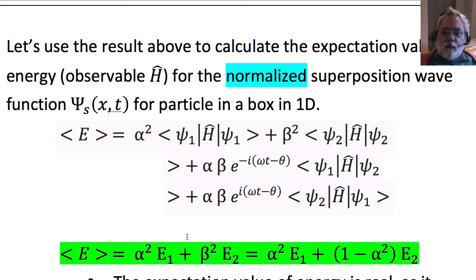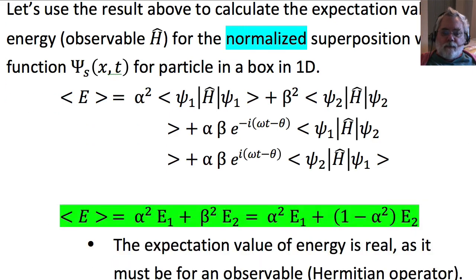So we get alpha squared times E sub 1, beta squared E sub 2. But when the index on the left and the right are different eigenfunctions, the matrix element will be 0 and go away.